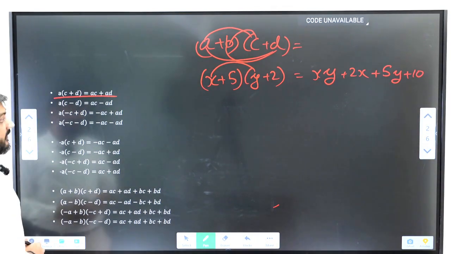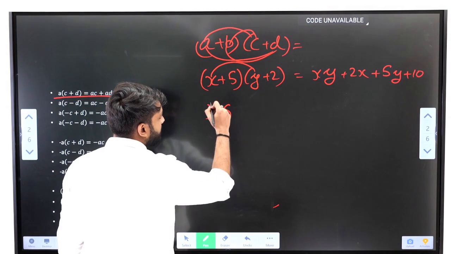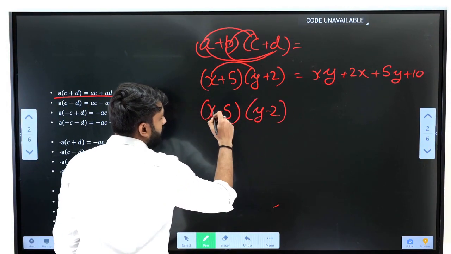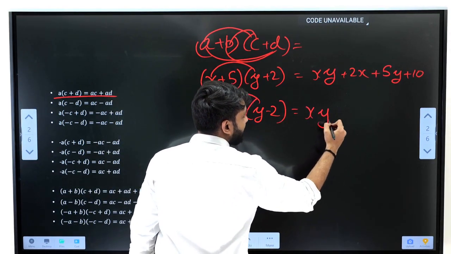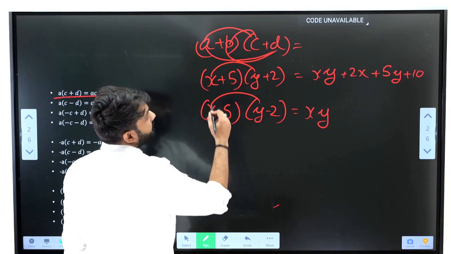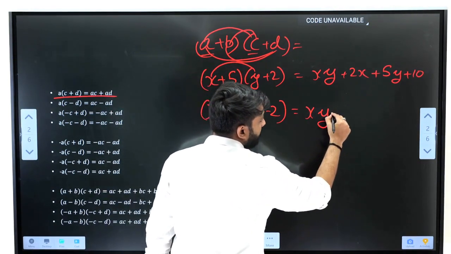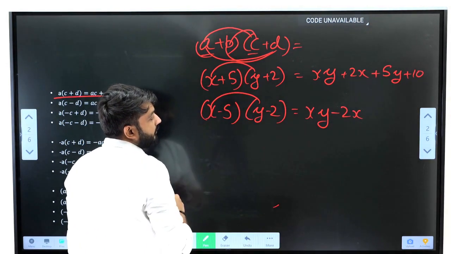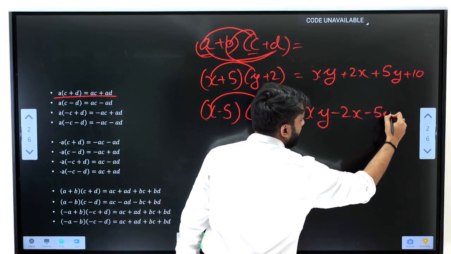Now let's change some signs here. Let's say I had x minus 5, and then y minus 2. So the order remains the same. I go on x into y, or what was supposedly A into C for me, and then x into negative 2, giving me a negative 2x. Then I go on with minus 5 into y, which gives me negative 5y.